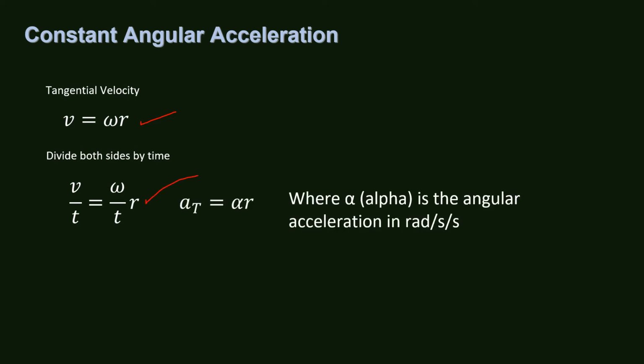And we know that omega over t is going to be equal to alpha, where alpha is the angular acceleration in rads per second per second. So we have our tangential acceleration, which is in meters per second squared, and then we have our alpha, which is in rads per second squared, times the radius of the circular motion.